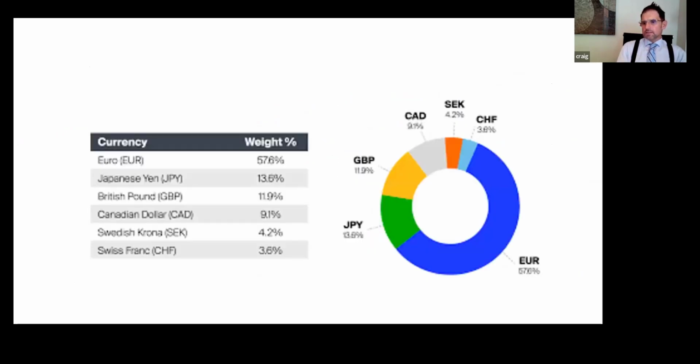This chart illustrates what that basket is made up of. So it's not one currency, the DXY, it's a basket of currencies, and it's traded against the US dollar.